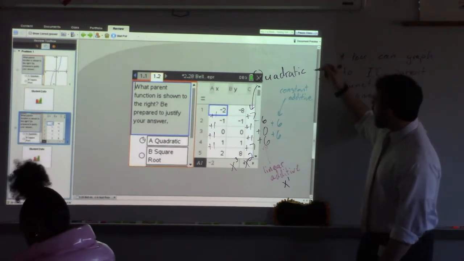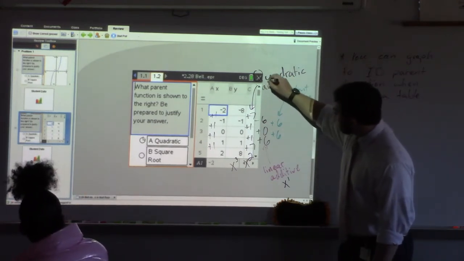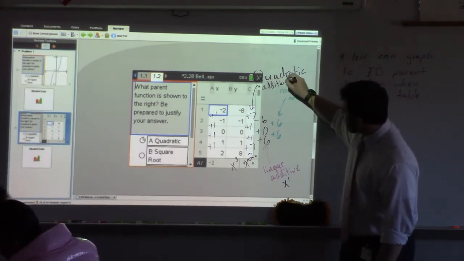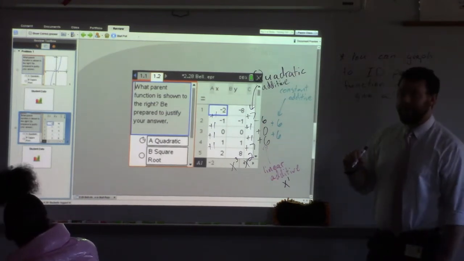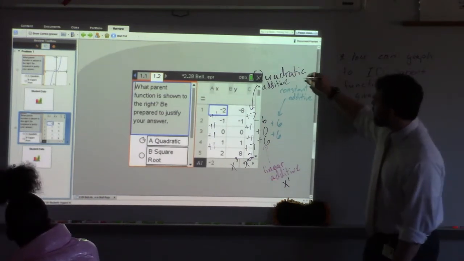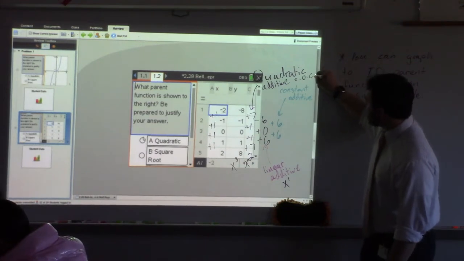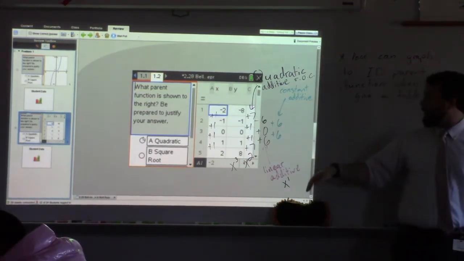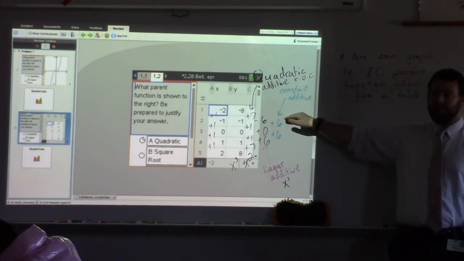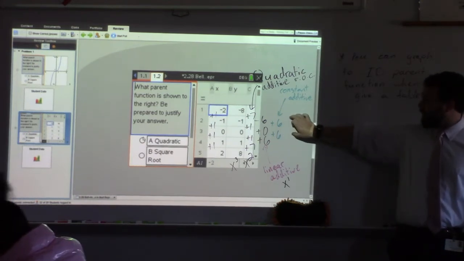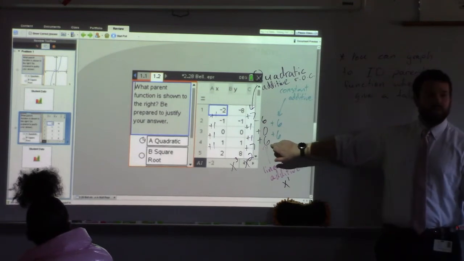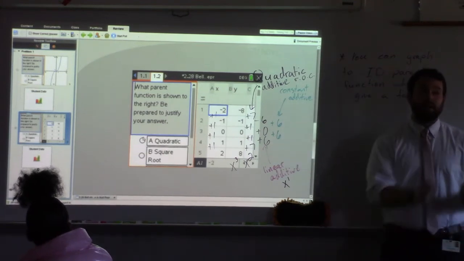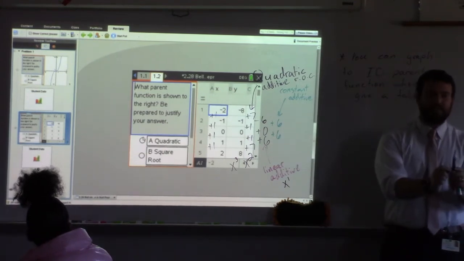So this is a quadratic additive rate of change. Notice the rate of change, remember, is always that first set, and you keep going until you get to constant additive. Because I know this is constant additive, I know before it was linear additive, and y'all better remember this because we've been over it way too many times.